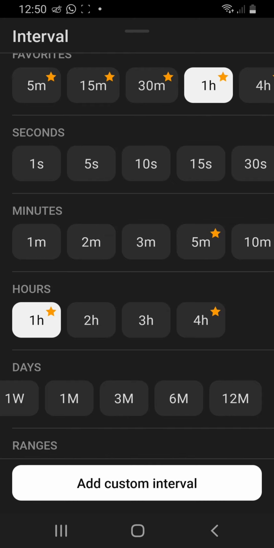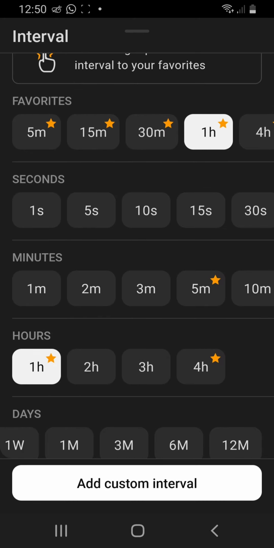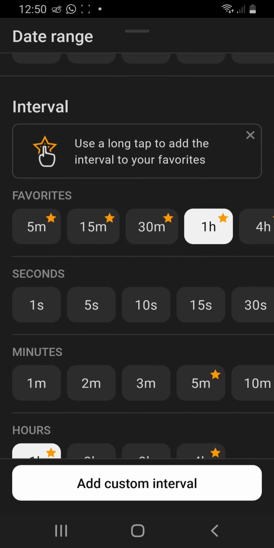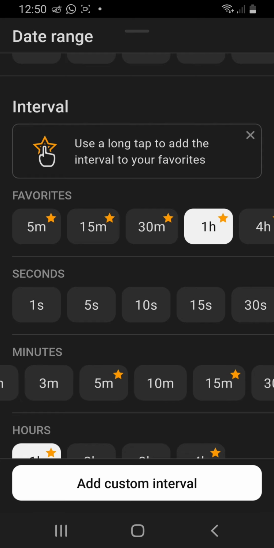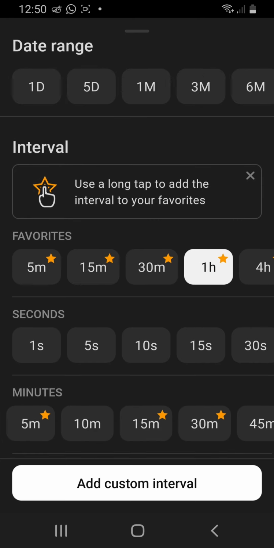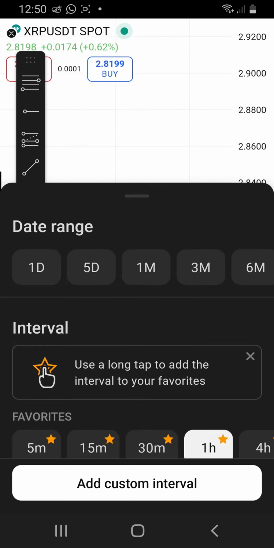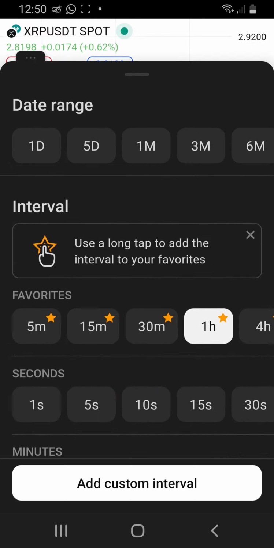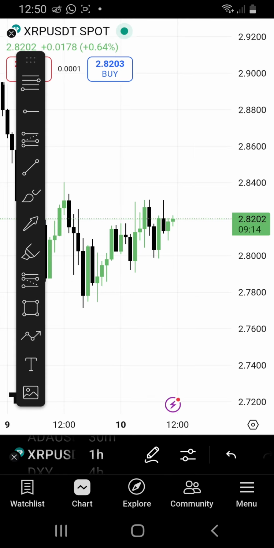Then hourly we see 1 hour, 2 hours, 3 hours, 4 hours. Then minutes we see 1 minute, 2 minutes, 3 minutes, 5 minutes and 10 minutes. Then seconds we see too. On those time frames that you see here, you can set any time frame on your chart. My chart is set on 1 hour like this.